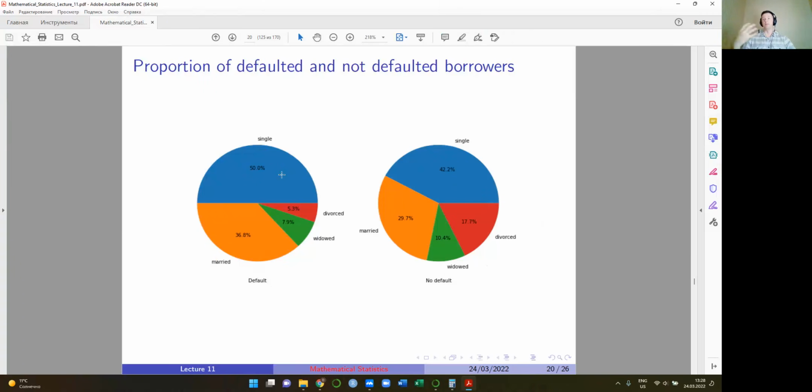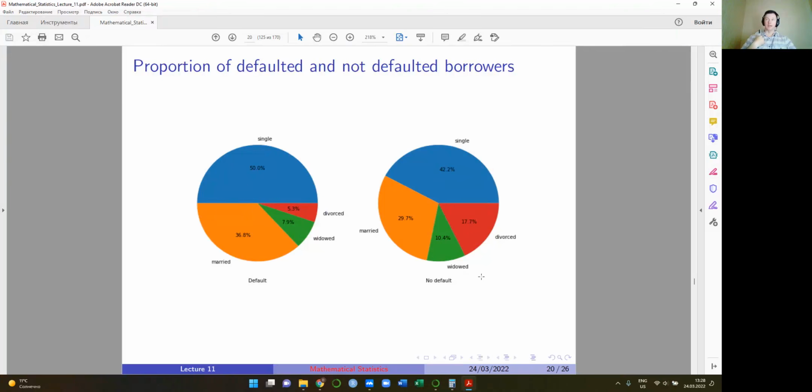So about half of the people who defaulted are single. 37% of borrowers who defaulted are married, and a very small fraction of those who defaulted are either widowed or divorced. Among the people who did not default, we have 42% single and almost 30% married, and a larger fraction of divorced and widowed.